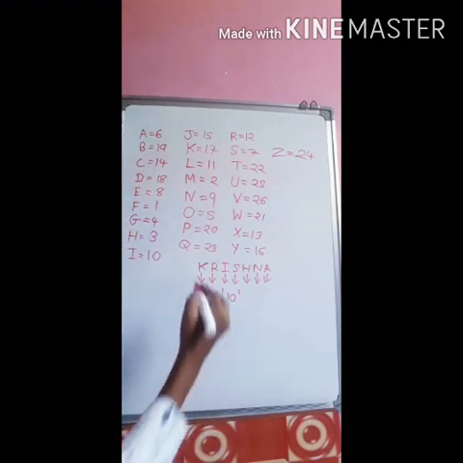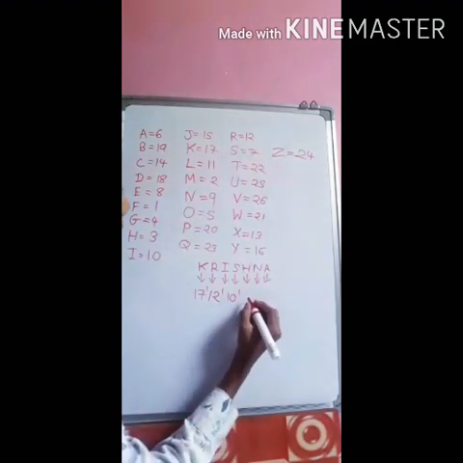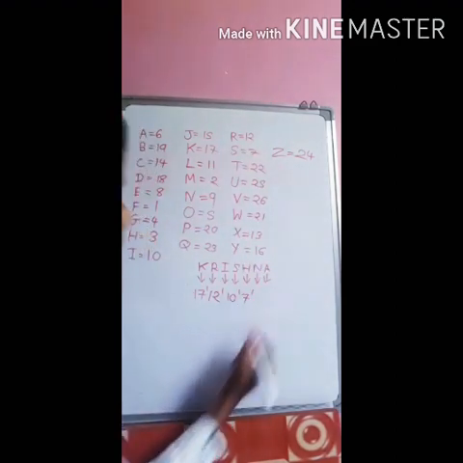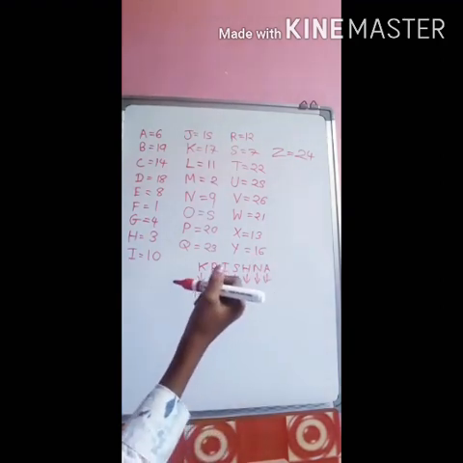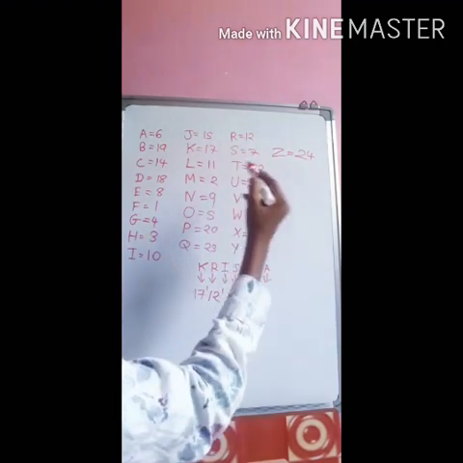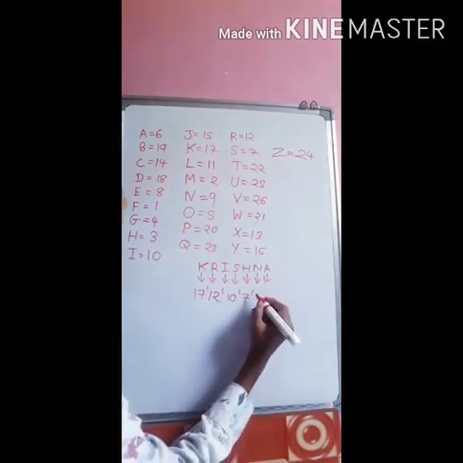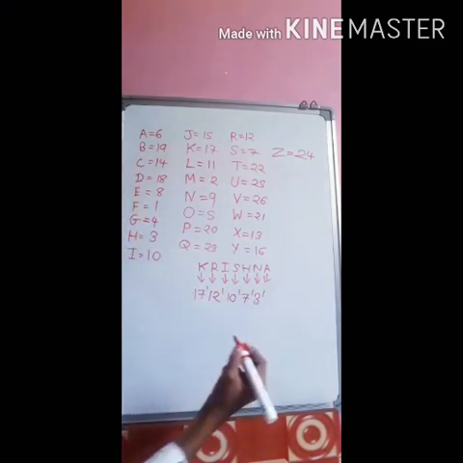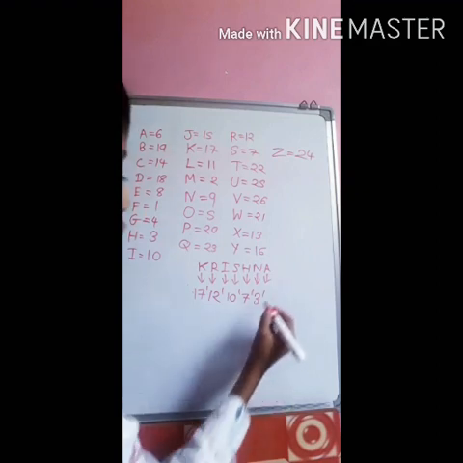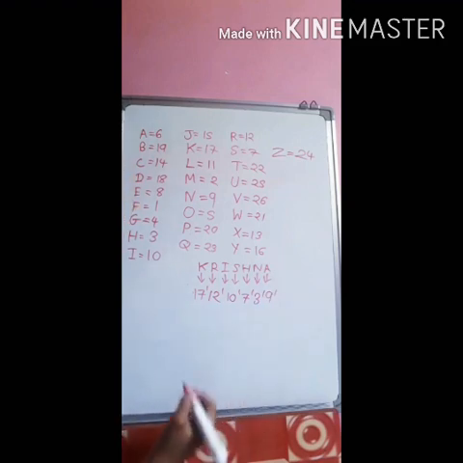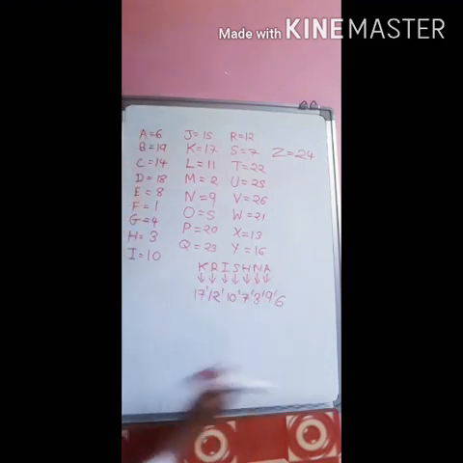Then comma. Then S. S is equal to 7. After S, H. Where is H? Yes. H is equal to 3. Now after H, N. Now N is equal to 9. We will write 9. Then comma. Now the last letter A is equal to 6.